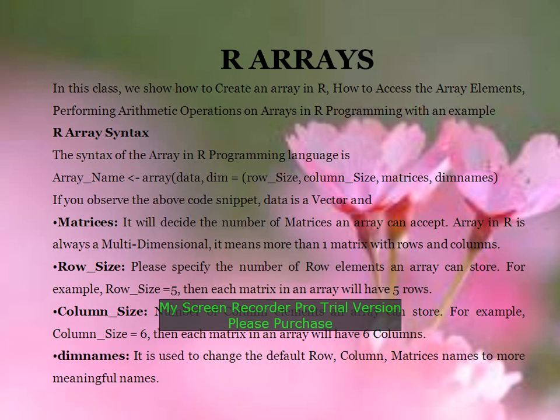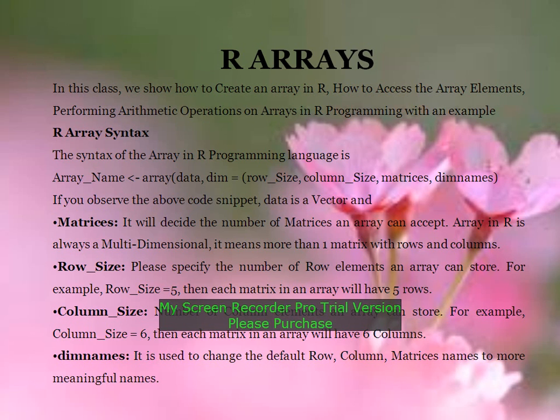If you observe the code, data is a vector. An array may be a matrix or a vector, but we have to specify the arguments or parameters given in the syntax.